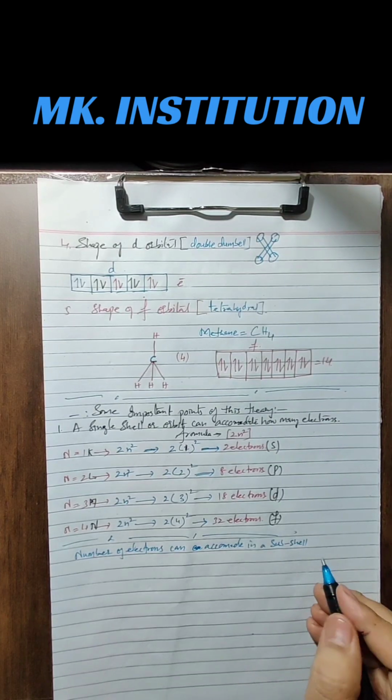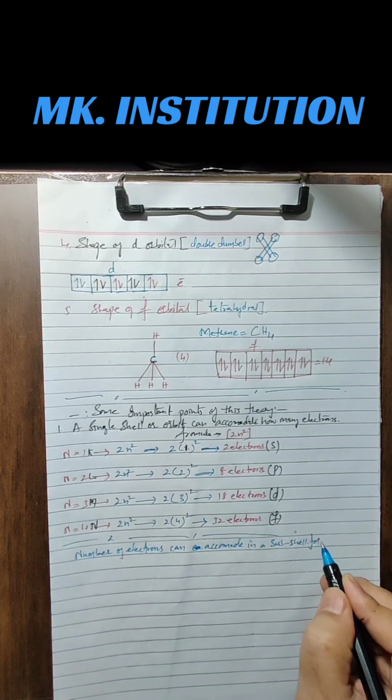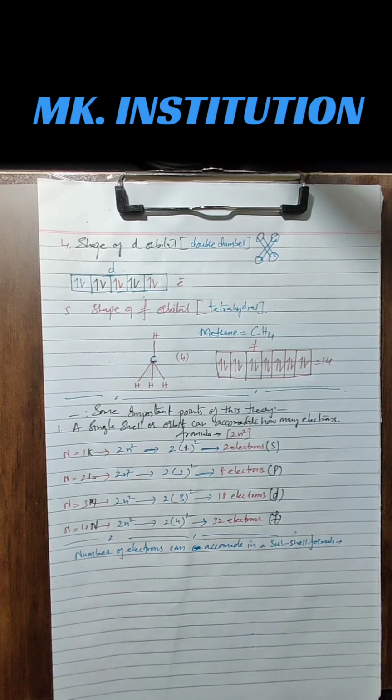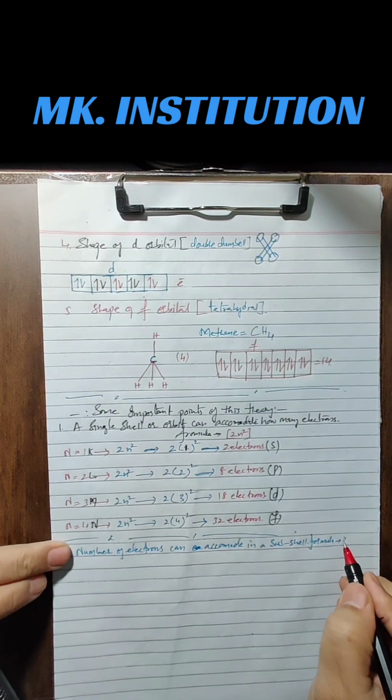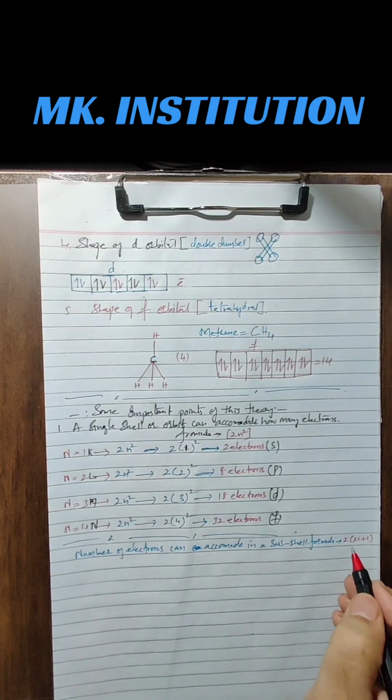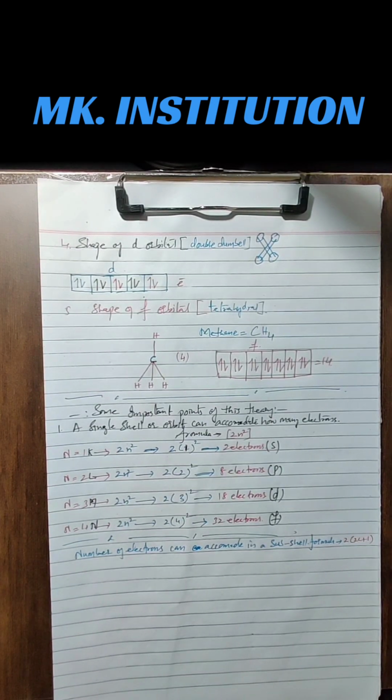For this also there is a formula. What is the formula? 2 into (2L plus 1). This is the formula.